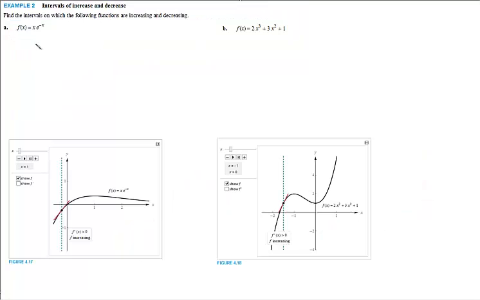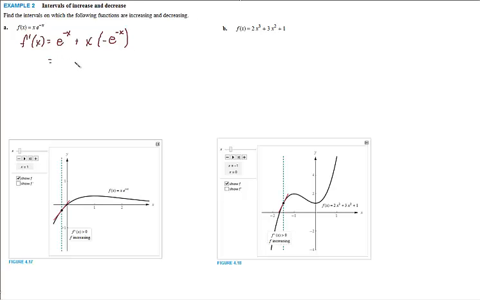I need to find the intervals in which the function is increasing and decreasing. I'll need to find f prime. I'm going to use the product rule: take the derivative of the first, that's 1 times e to the minus x, plus x times the derivative of e to the minus x, that'd be negative e to the minus x.